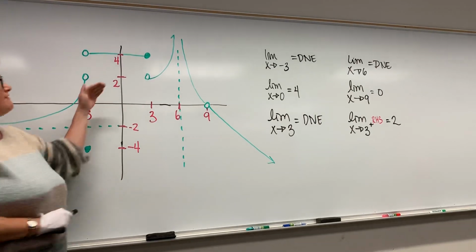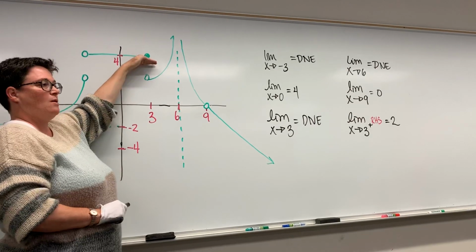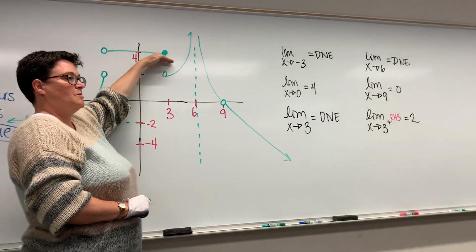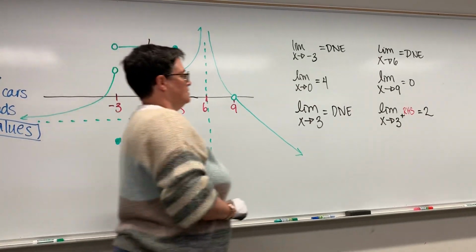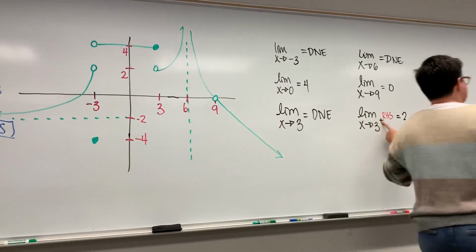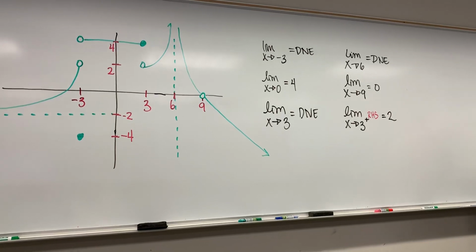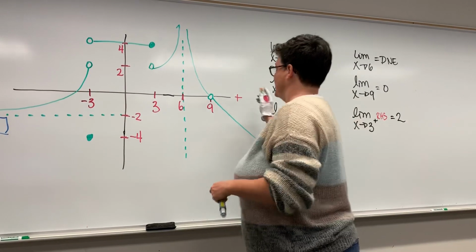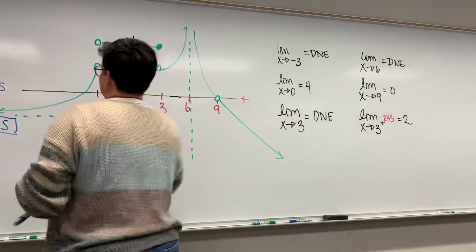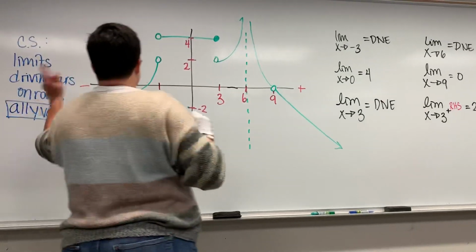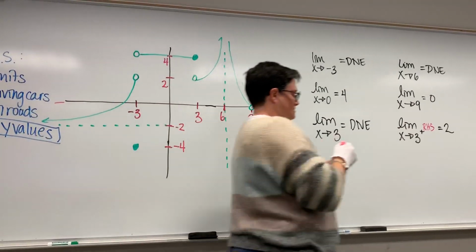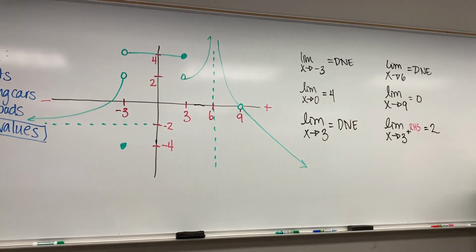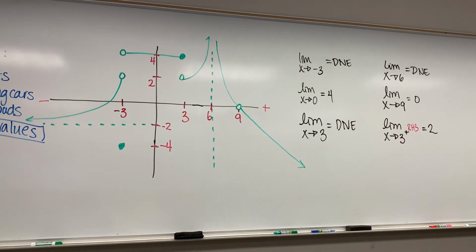If we were coming at it from the negative side, we would end up at 4. Positive means right-hand side, negative means left-hand side. Why? Because this is positive x, that's convention, so that's your right hand. This is negative x, that's your left hand. So left car, right car.